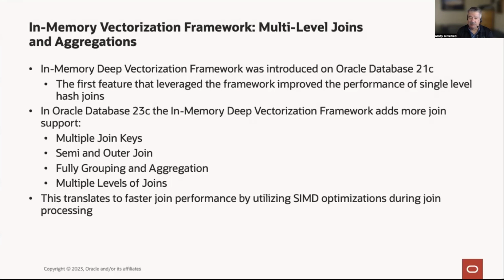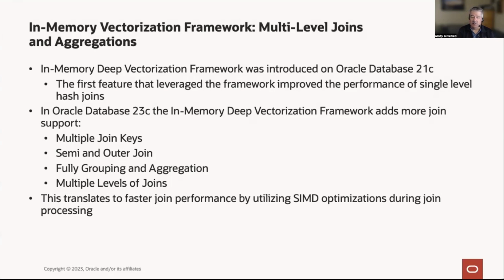I did a blog post, and I think we did an Ask Tom session, demoing how to get it to work and how to see it. You can use SQL Monitor, and I'll show you a little bit of that in following slides. But we've added a whole bunch of other joins.